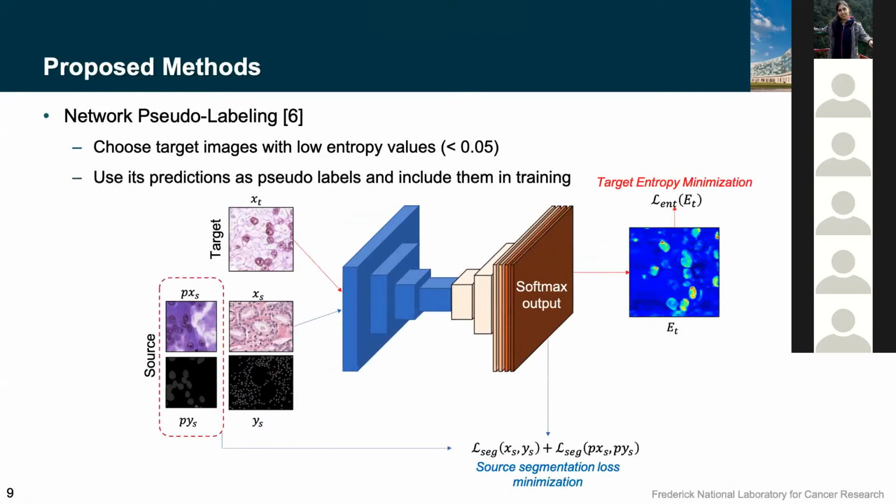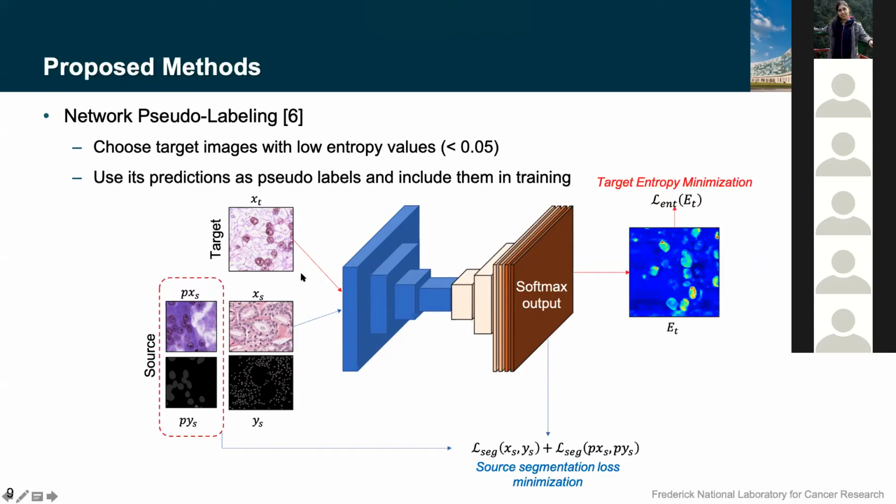And then we also utilize pseudo labeling. Pseudo labeling basically means choosing the target images with low entropy values, which means the model was very confident with the target image prediction. We chose target images with low entropy values, with a threshold of 0.05, and used their predictions as labels, including them in the training process.